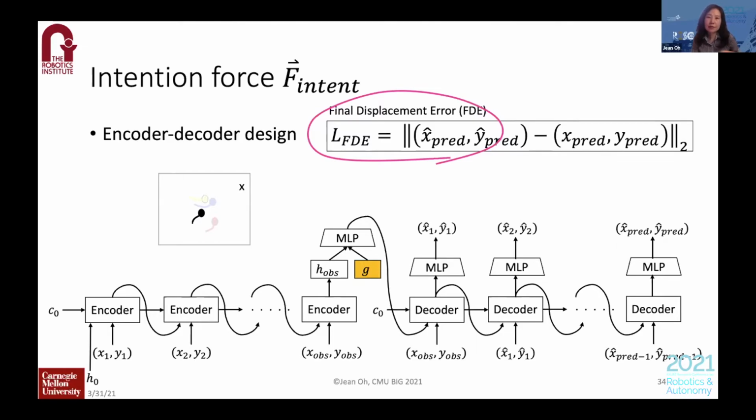And you can measure the average over the entire trajectory. That's called the average displacement error. Or you can check only at the end, how much error happened at the goal location. So this final displacement error is checking at the goal only. So it makes perfect sense to use it to train the intention force, because that's what the intention force cares about.